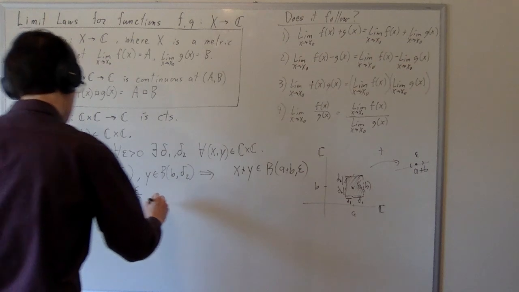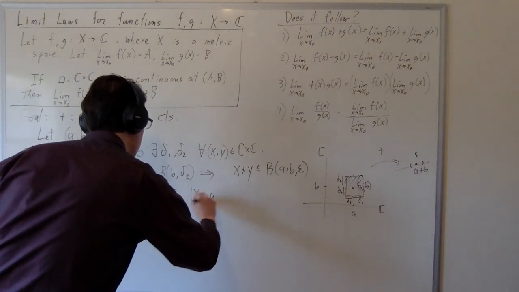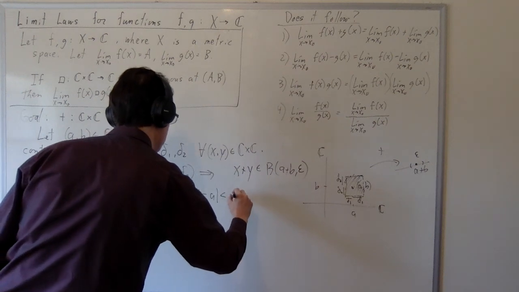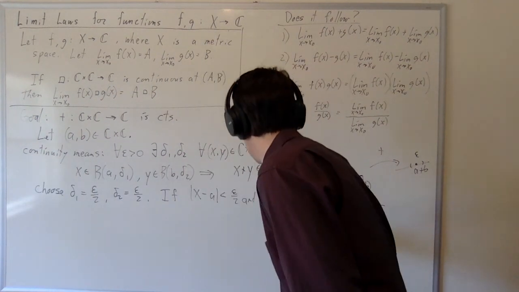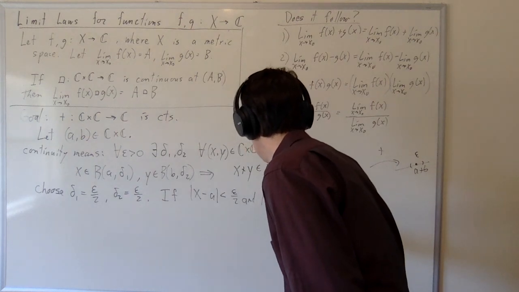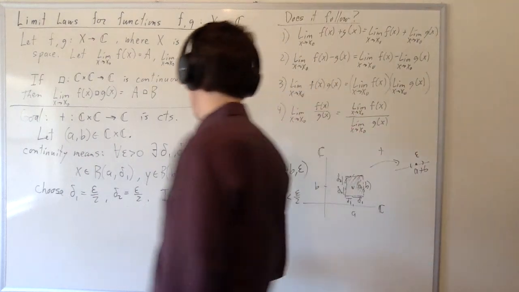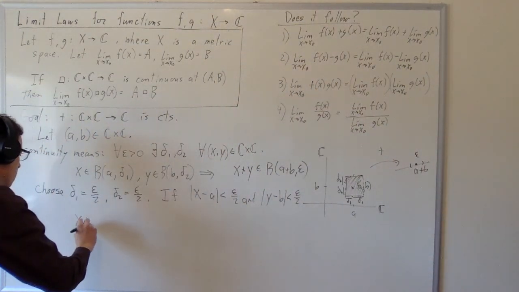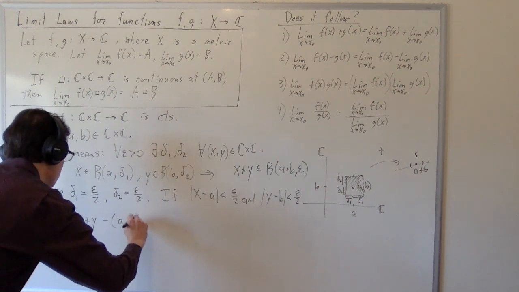And then if the distance between x and A is less than epsilon over 2, and if furthermore the distance between y and B is less than epsilon over 2, then let's calculate the distance between x plus y and A plus B.